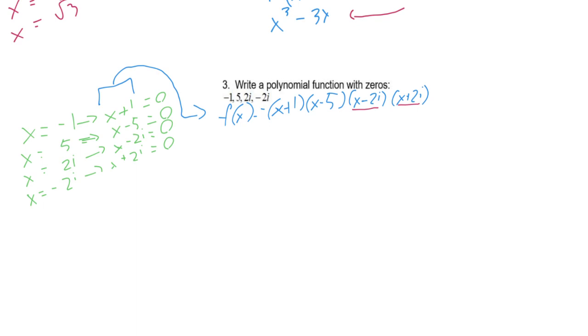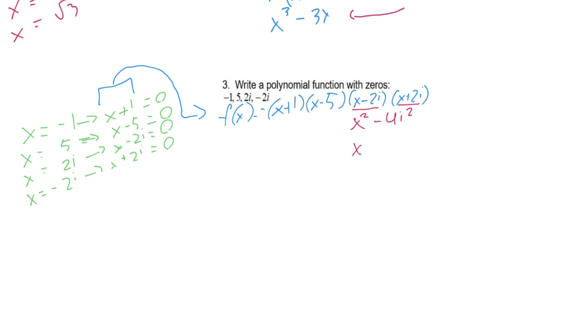But just like in the last problem, where we have x and 2i both different operators, all we really care about is the x times x, so x squared, and then negative 2i times positive 2i, which is negative 4i squared. We should recall from last unit that i squared is the same thing as negative 1.